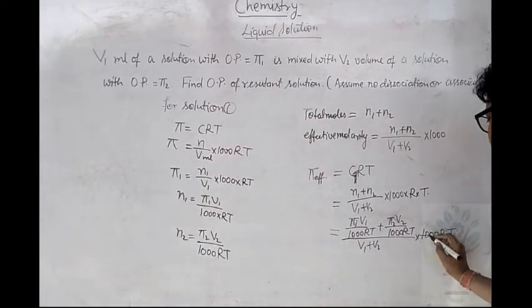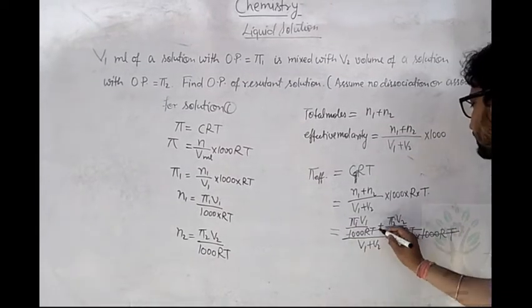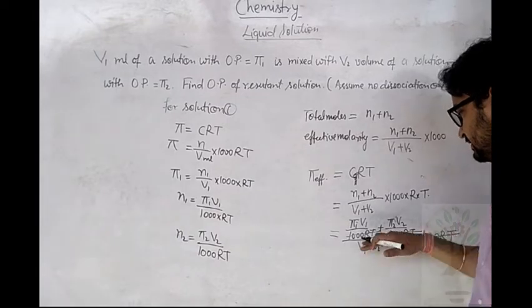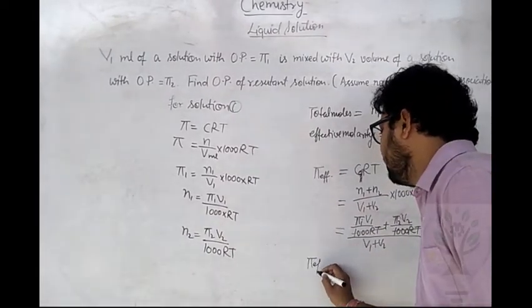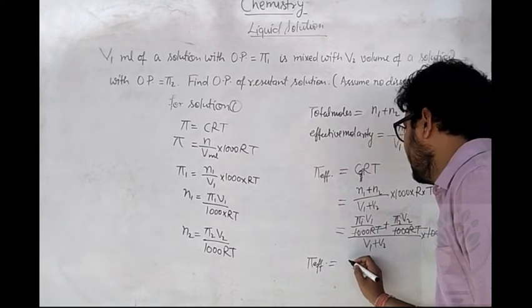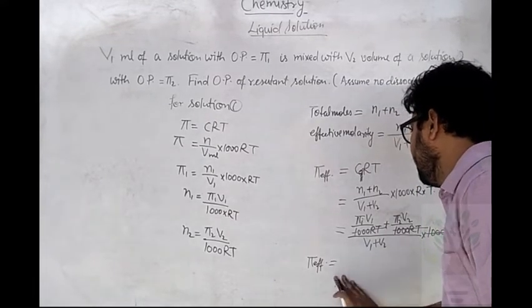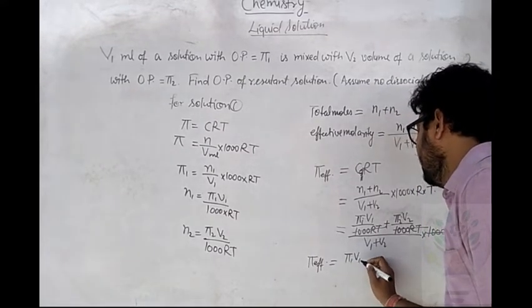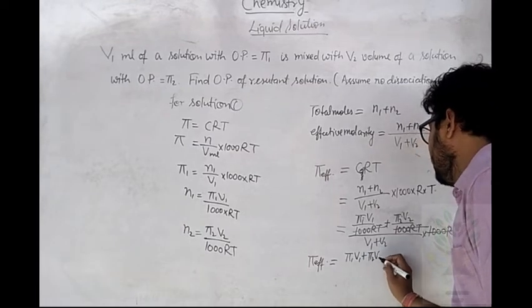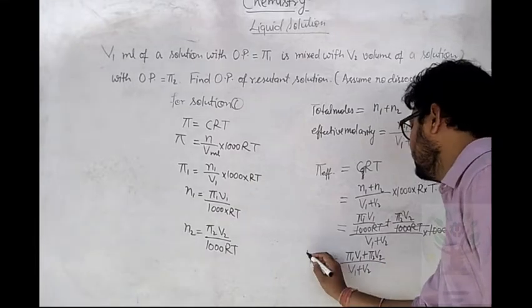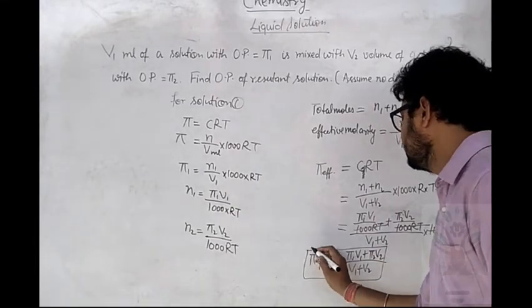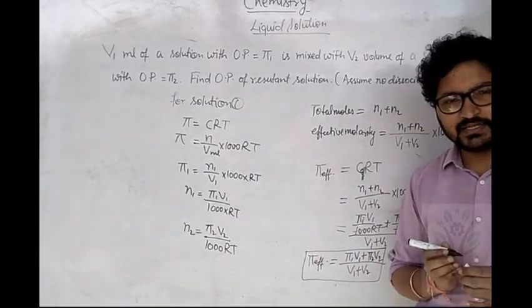Now I hope you can see this 1000 RT, this 1000 RT and this 1000 RT will be cancelled out. LCM will be 1000 RT and it will be cancelled out. So how much are we getting? We are getting pi effective is equals to pi 1 V1 plus pi 2 V2 divided by V1 plus V2. Is this clear to us?